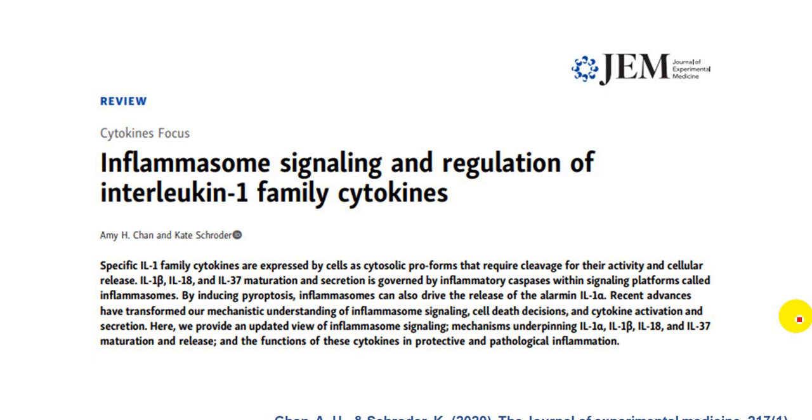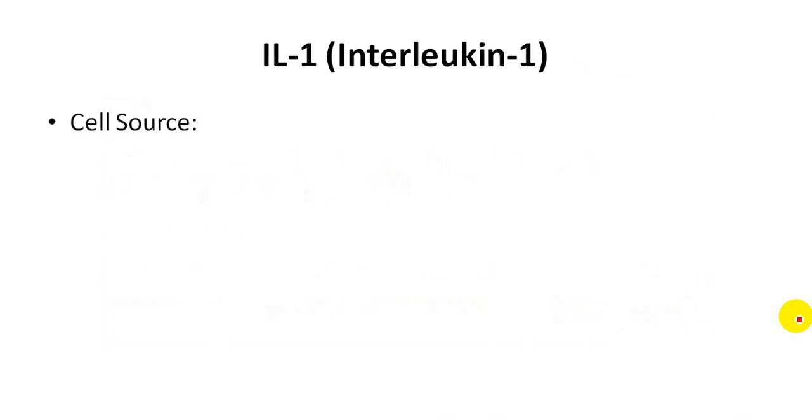So cytokines are widespread and widely distributed, and they can lead to inflammatory response. So that paper leads to our discussion on interleukin 1.